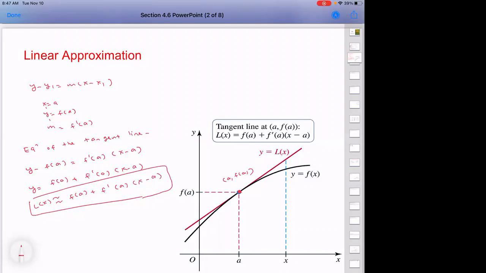So you have the point. How do you find the slope? The slope is the derivative of the function at that point, f prime a. So we have the equation of the tangent line at the point a comma f of a.